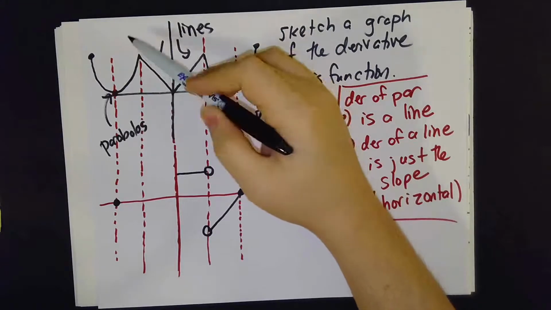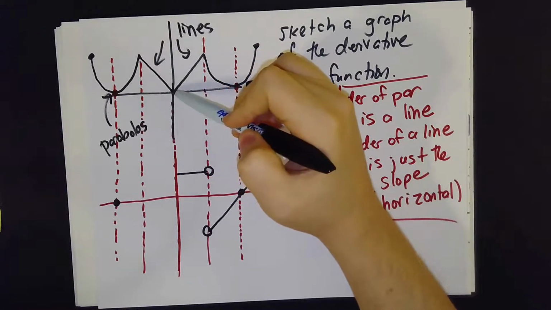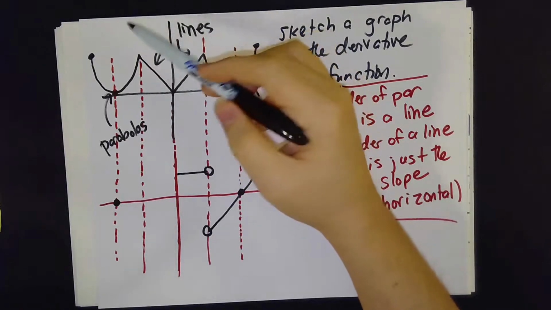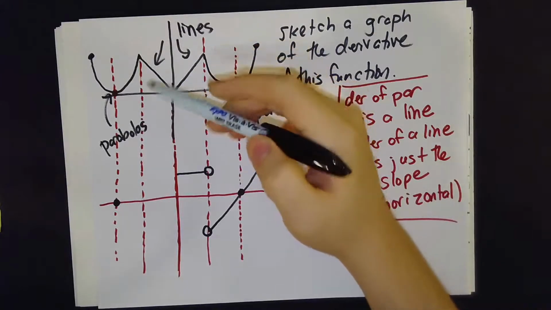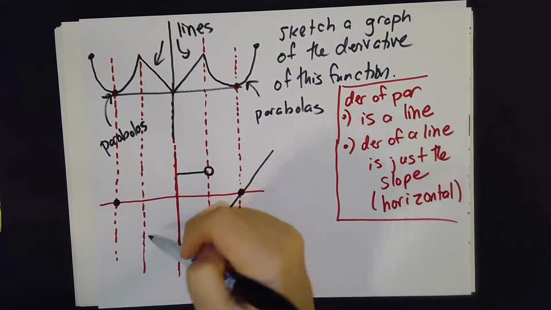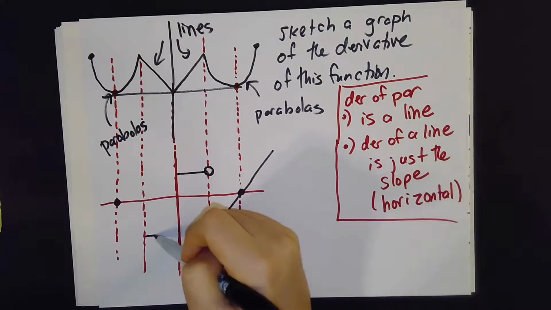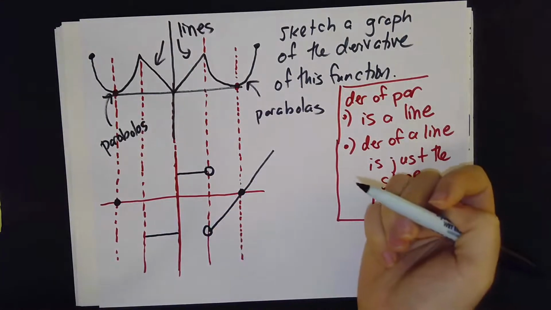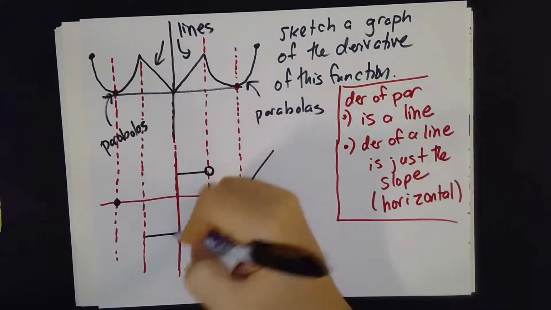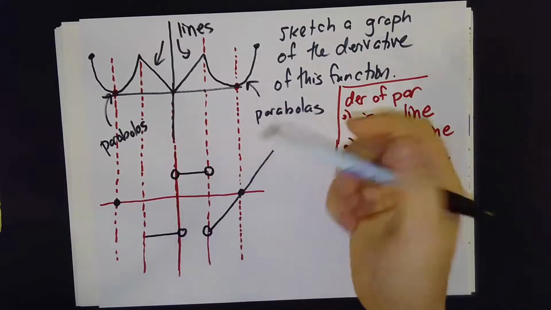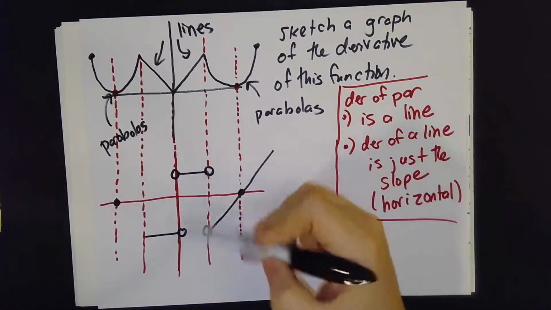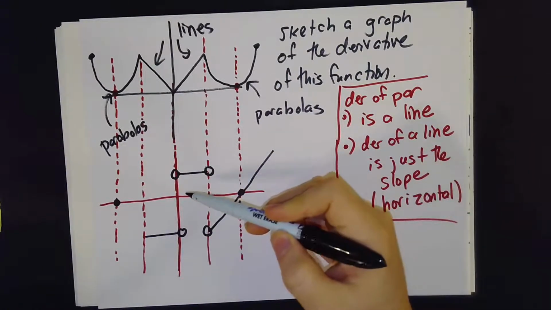Now I'm over to this line segment. And this line segment, you'll notice now has negative slope. And so we need to jump down over to here. Still horizontal. Okay, again, that's a jump in the graph. So that's going to force there to be these holes in the graph like that.